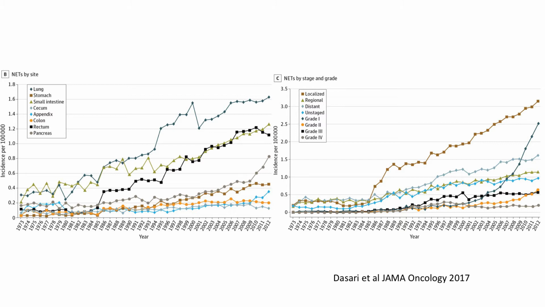I don't want you to pay too much attention to that, except that we've divvied up something into localised, regional, distal, and then we have grades. So grade, location, and distribution are all factors in how we manage this disease.